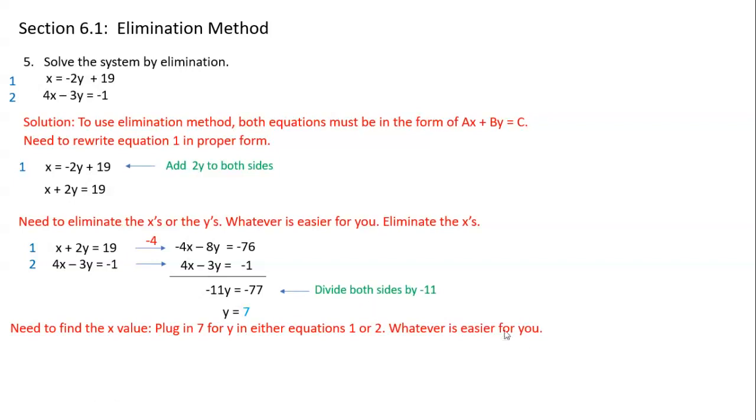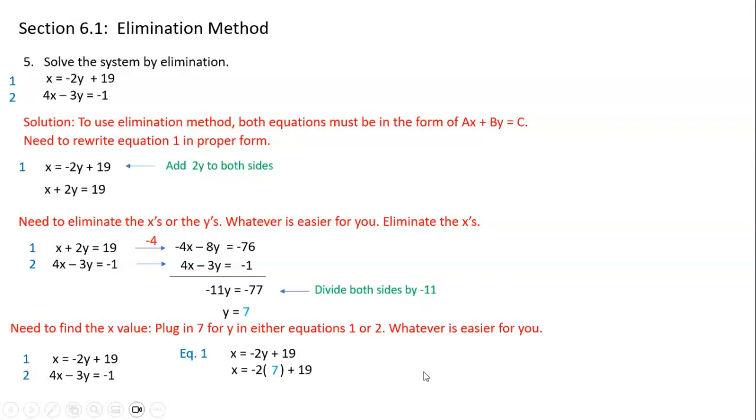So then I can plug in that 7 to either of the two equations, either equation 1 or equation 2. But let's make it easy for ourselves. Let's plug it into equation 1 that already has it solved for x, yes? Everywhere I see y, I'm going to plug in this 7.